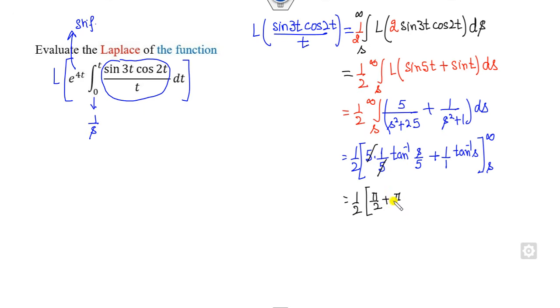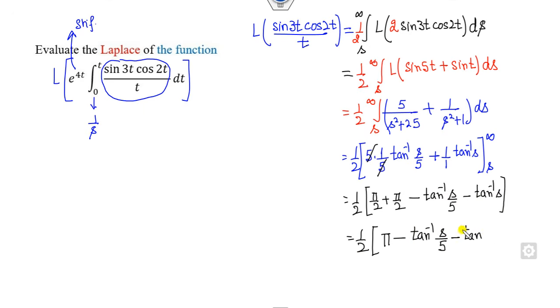Tan inverse infinity is pi by 2. So pi by 2 plus pi by 2, that is my pi, minus tan inverse s over 5 minus tan inverse s. Fine. So that is the Laplace of this.